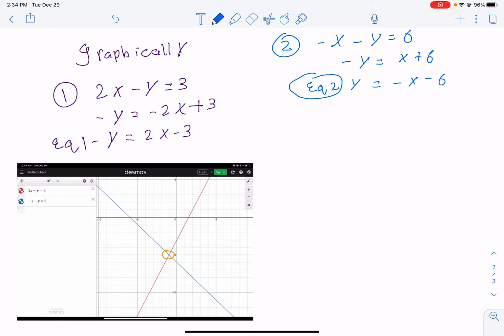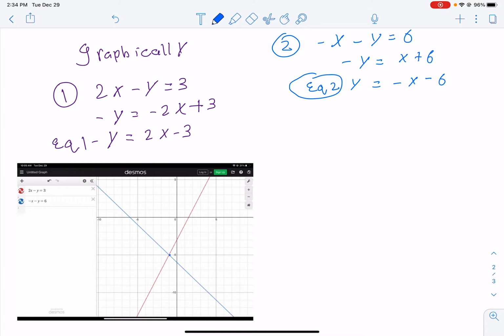So once we graph these two lines, 2x minus y equals 3 and negative x minus y equals 6, you'd find that the answer is where they intersect. Your system of equations is solved at that point.